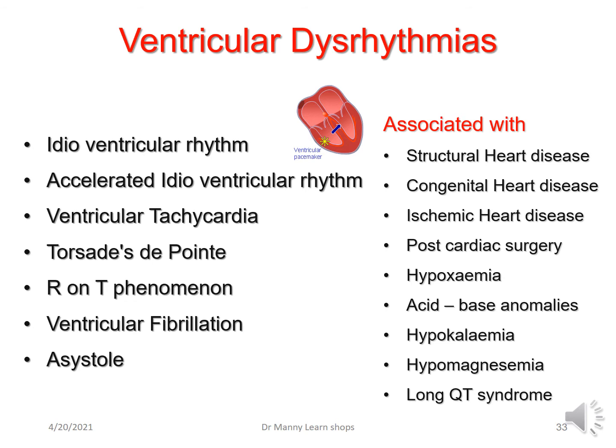And these all relate to structural, congenital, ischemic heart disease, or injuries caused as a result of cardiac surgery. It could be related to hypoxemia, acid-base disturbances, or electrolyte anomalies such as hyper or hypokalemia, hyper or hypomagnesemia, or syndromes such as long QT syndrome.